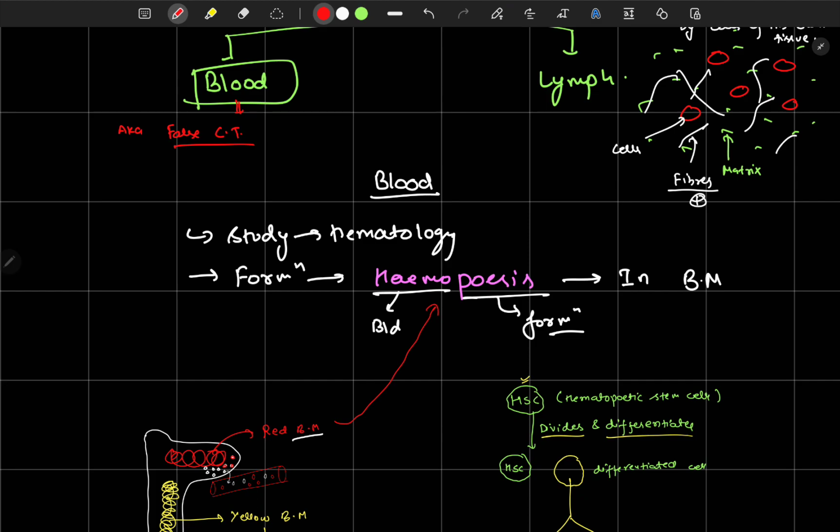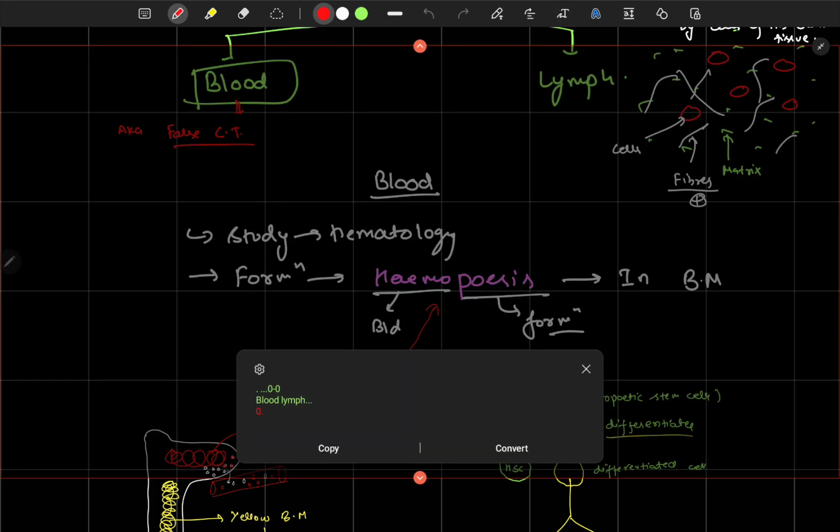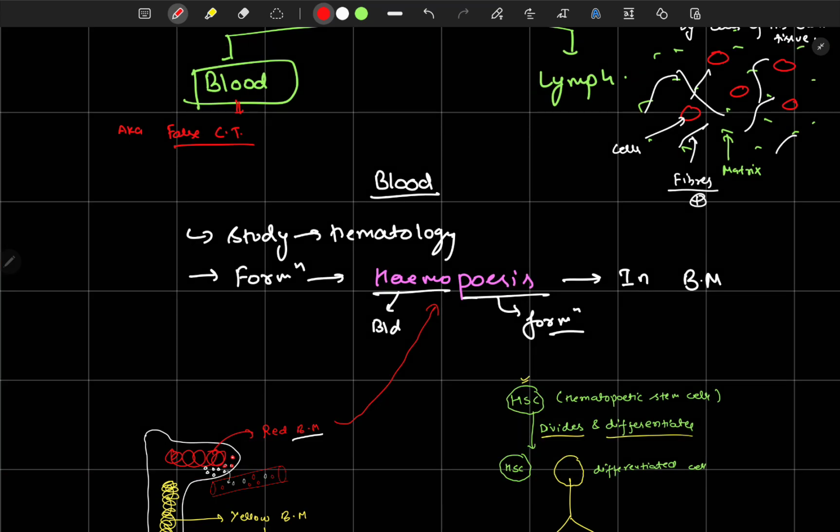My score in NEET biology was 360 out of 360. In the year 2020, when I cleared my NEET examination, my score was 360 out of 360. So biology is in my control, and I have been teaching it for 3 years, and I have also been studying the same concepts of zoology in my medical college for 3 years.